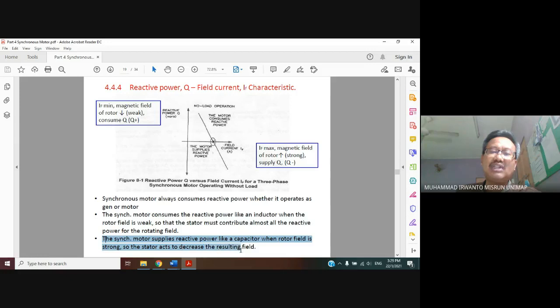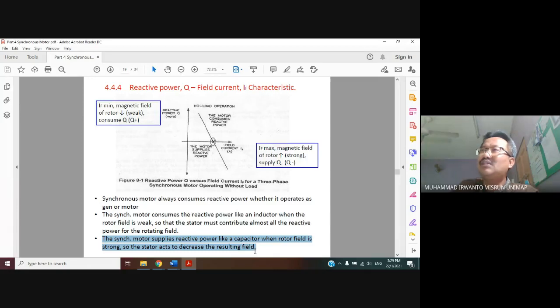The synchronous motor supplies reactive power like a capacitor when the rotor field is strong, so the stator acts to decrease the resulting field.